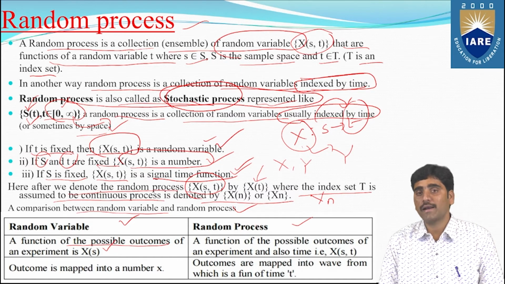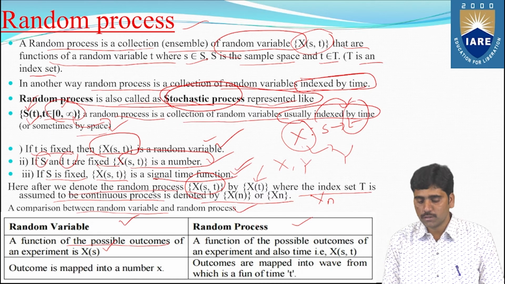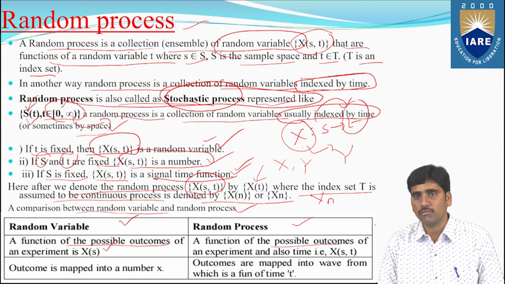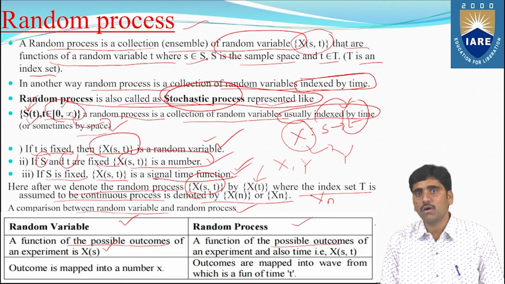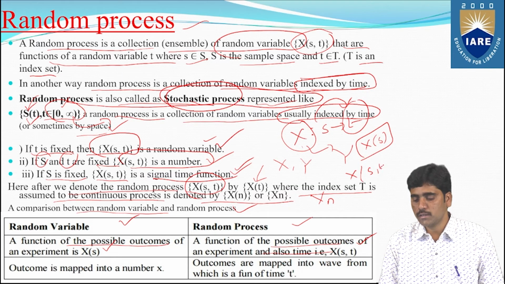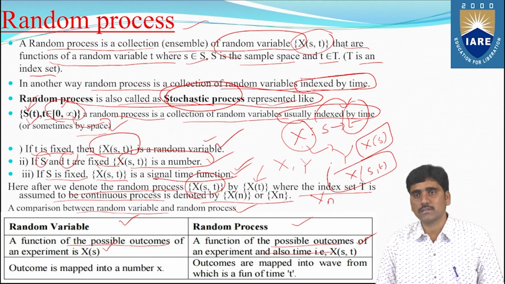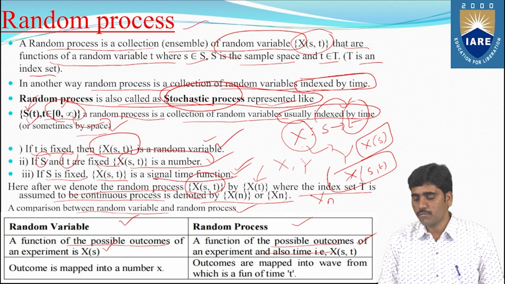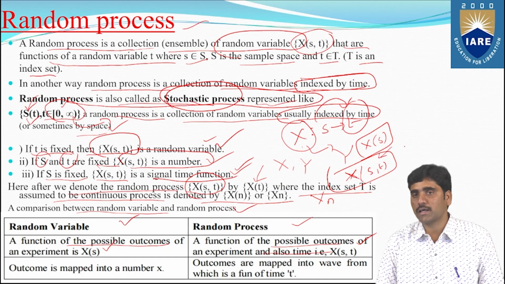And coming to the random process, it is a function of the possible outcomes of an experiment and also of time. So x of s is only one random variable, but x of s comma t is a random process, because here the random variable is drawn from the sample space with the indexed time.